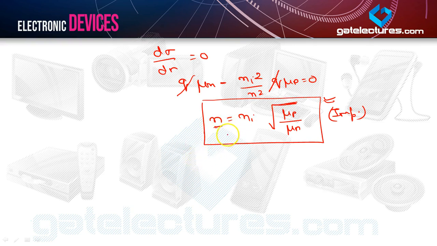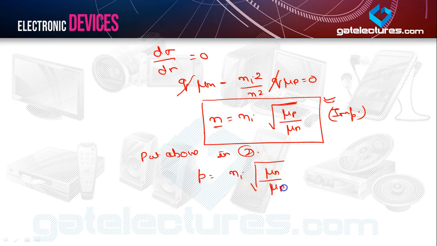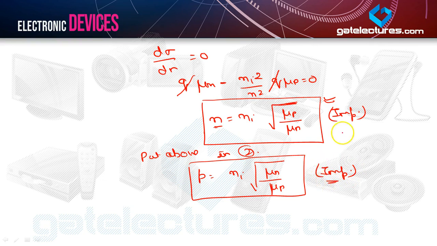Similarly, you can find the hole concentration. We put this equation in the mass action law formula, that is, put the above in 2. If we solve, we get the hole concentration as ni times square root of mu n by mu p. These two relationships are very important to keep in mind. We can use these concentrations to find the minimum conductivity.